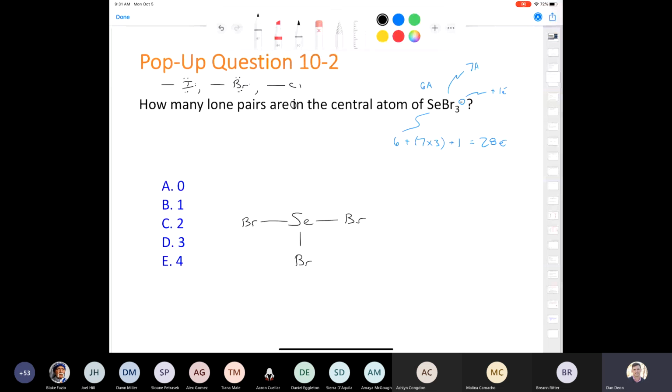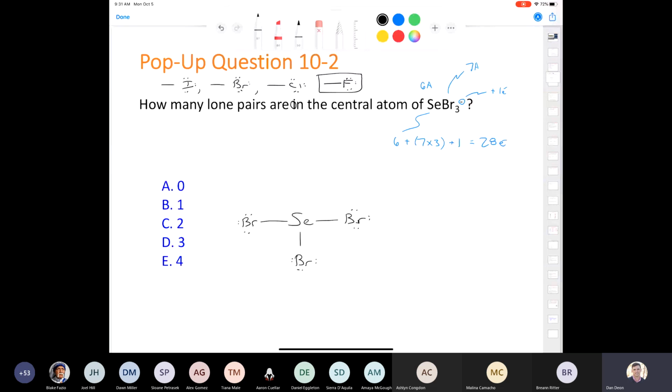I told you that fluorine always has 1 bond and 3 lone pairs, no exception. But these other 3, iodine, bromine, and chlorine, usually have 1 bond and 3 lone pairs. And so we could start putting some electrons on those bromines.